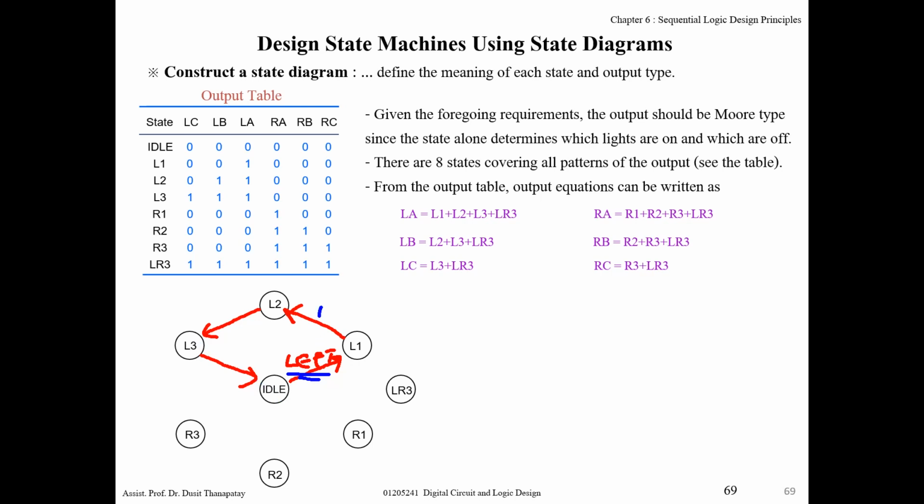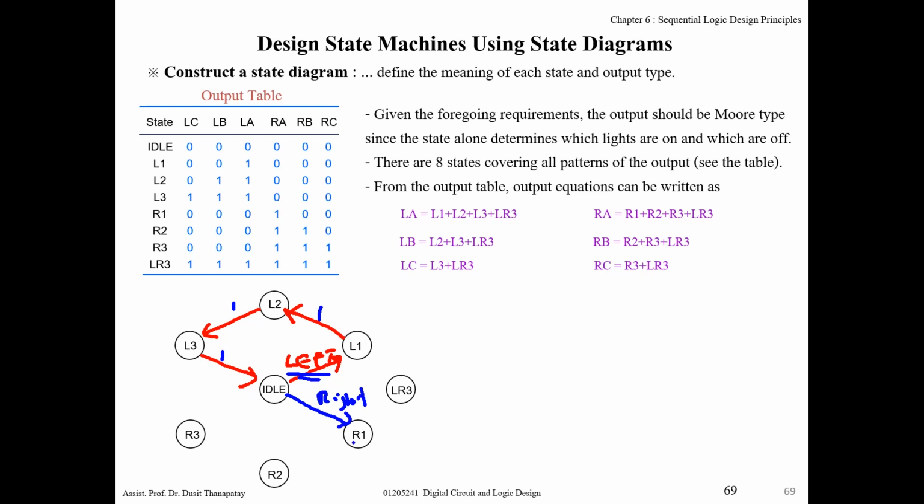The condition for L1 to L2 may be always 1, always true, so you can mark 1 to show that it's always true. Similarly, from state idle, if input right is active, it goes to R1.